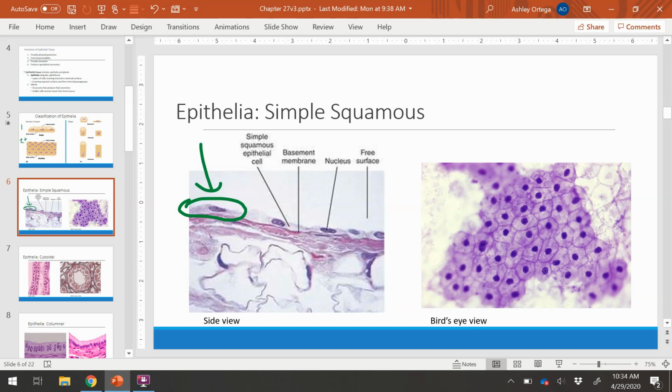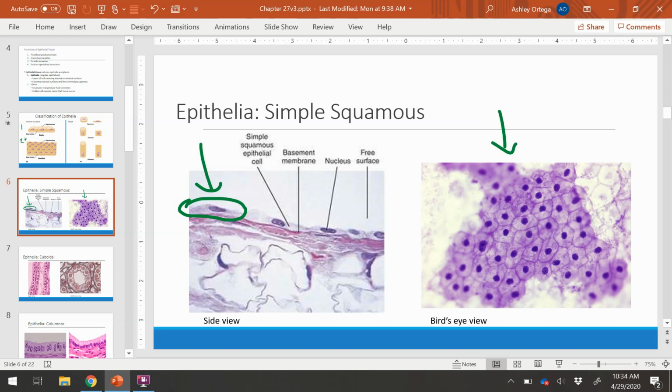From a bird's eye view, it's a little bit easier to identify, in that here you can see that these cells are connected close together. They have that hexagonal-like shape.